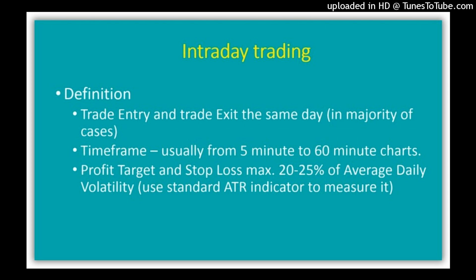So currently, in this period, 10% of the daily volatility would be 9 pips. All right, if you wanted to trade 20% of the daily volatility, it would be 18 pips, which would mean that your take profit would be 18 pips and stop loss 18 pips. All right, those are just rough numbers, but I wanted to show you how you can set the intraday profit target and stop loss for your trades.